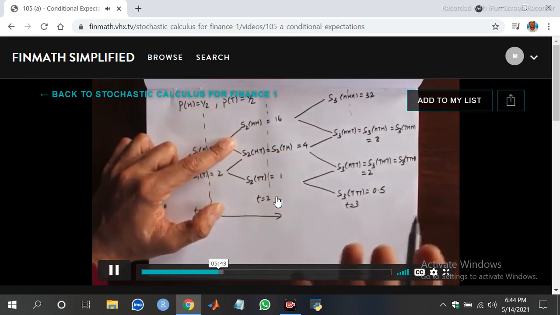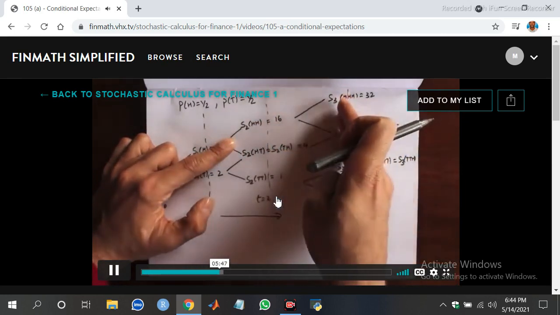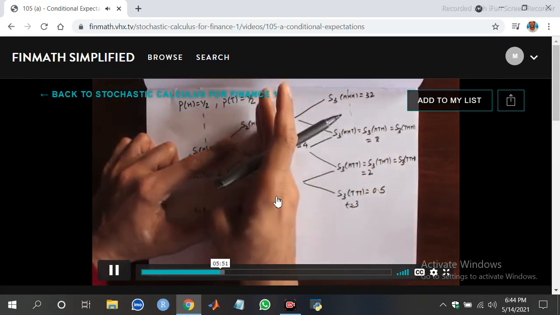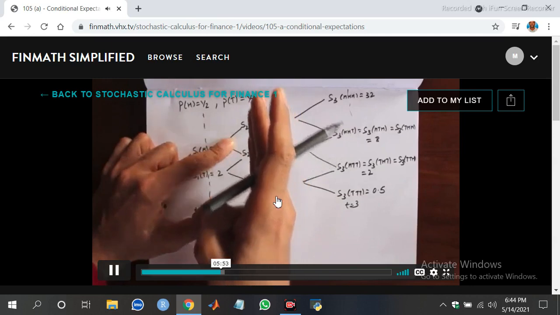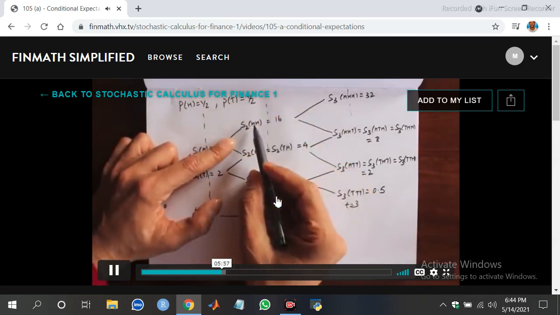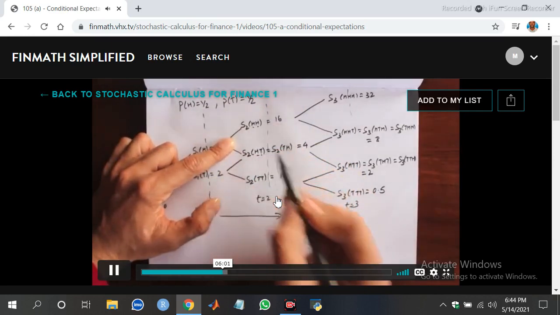And what is it conditioned on? We're going to take the expectation of S3 conditioned on the information available to us at time 2. And as we just discussed, the information available to us at time 2 is the results of the first 2 coin tosses, right?